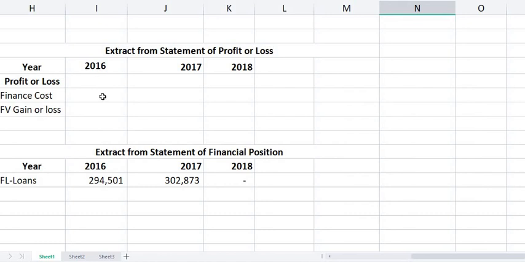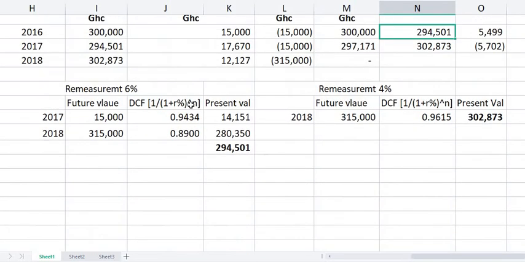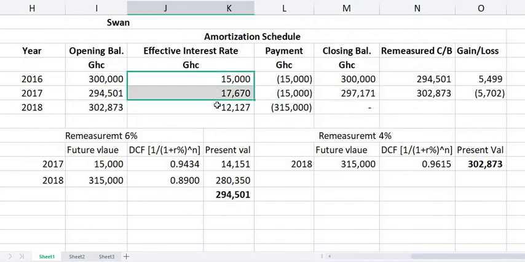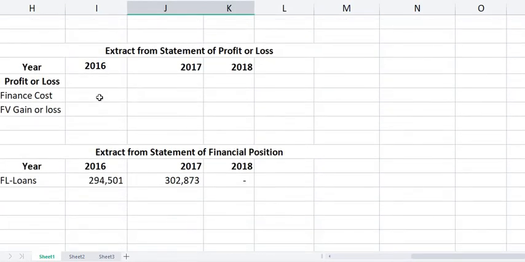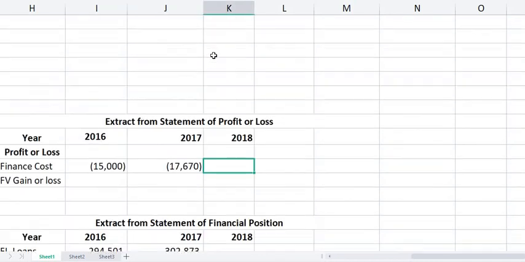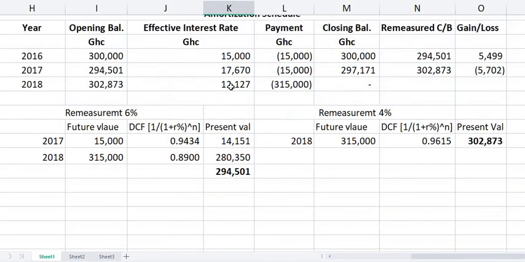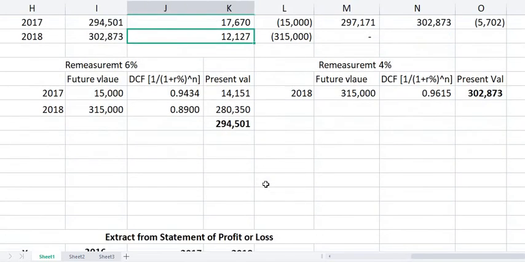Whichever way it will be, it may be in brackets or it may be naked. Our finance cost, the effective interest, we are going to report all this here. For 2016 it was 15,000. The losses must be in brackets. Then the last one, that is 12,127.